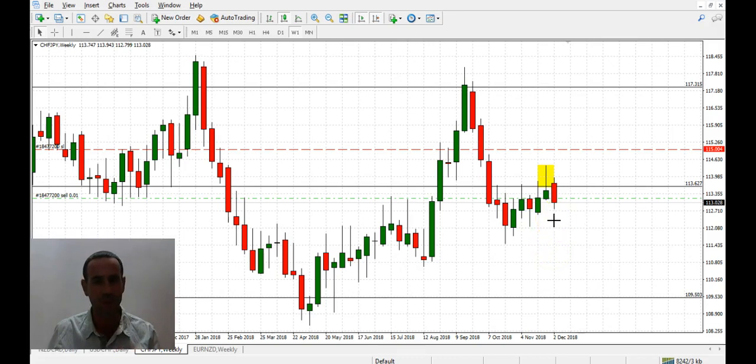So what happened was that I entered a bit prematurely, right here, take a look. I entered here because I saw the reaction on that same very level, 113.62. But then came a strong move on the upside, so I quickly got out with a very minimal damage.